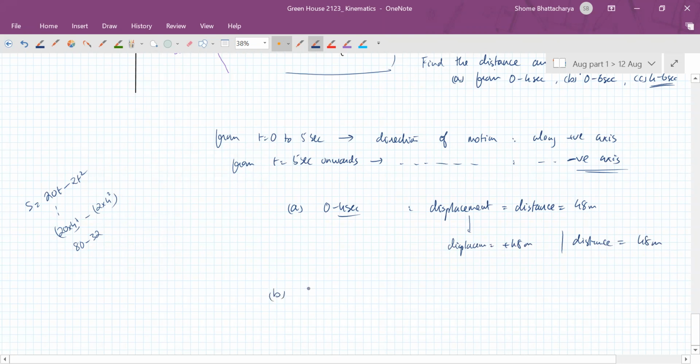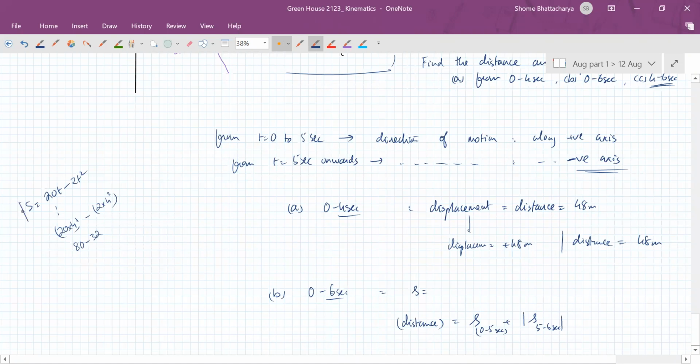But the second part, 0 to 6 seconds, in that the displacement and distance will not be the same. Okay. The distance will be displacement from 0 to 5 seconds plus magnitude of displacement from 5 to 6 seconds.